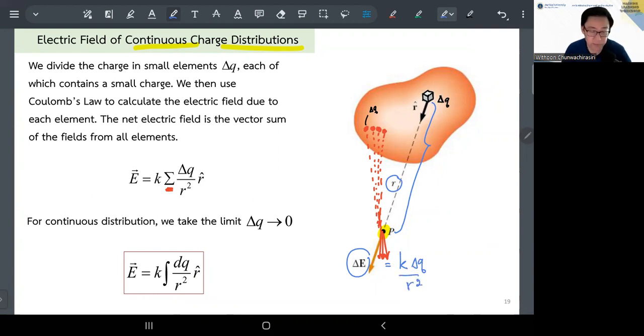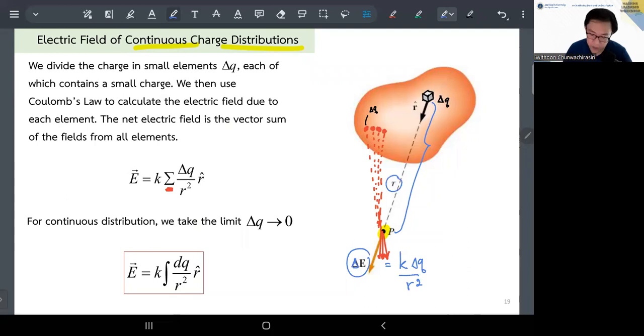See how easy it is? I haven't done anything new. It's just KQ over R squared, but the Q is just delta Q in magnitude. And because this electric field comes in a very, very small amount, you put a delta sign in front of it as well.